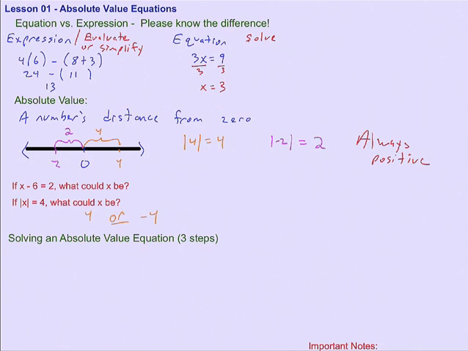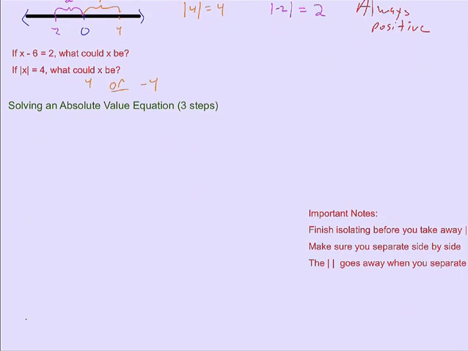So we end up with a situation where an equation has two different solutions. And that's sort of what we've been building towards. That's the point so far. When you have an absolute value inside of an equation, or what we call an absolute value equation, you might end up with more than one solution. Let's talk about how to solve those absolute values. I break it down into 3 steps.